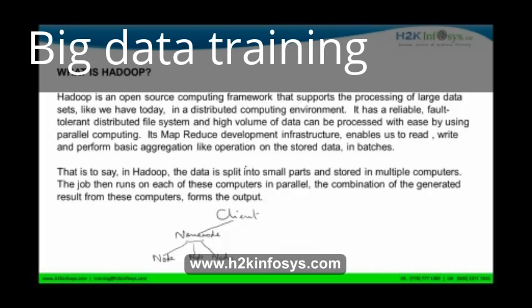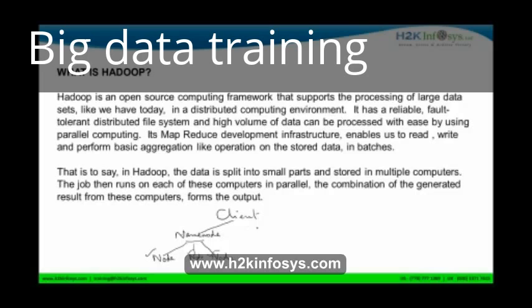These actually store the data in it. This is the part where the data is taken care of. The name node and the data nodes take care of the data part.